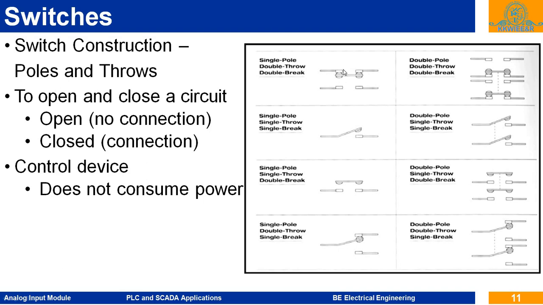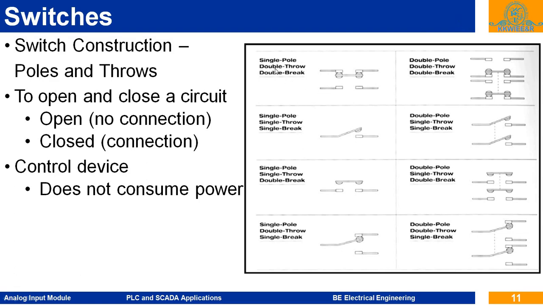So when this throw is moved, it will break the circuit at this pole and at this pole. So it will break the circuit at two different locations, so it is called a double break. In this case, the circuit is broken only at this point, so it is called a single break.